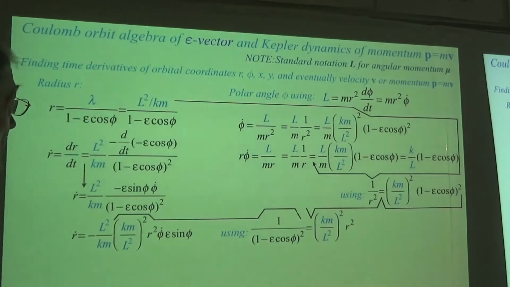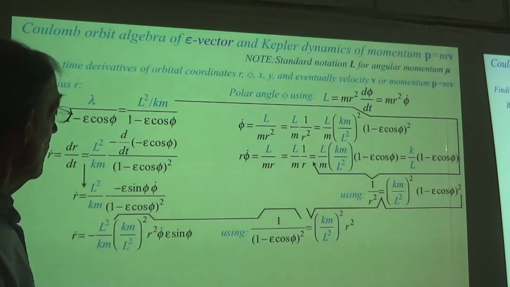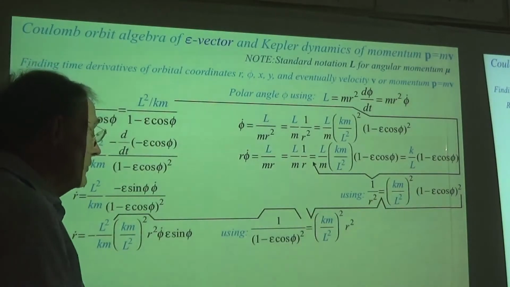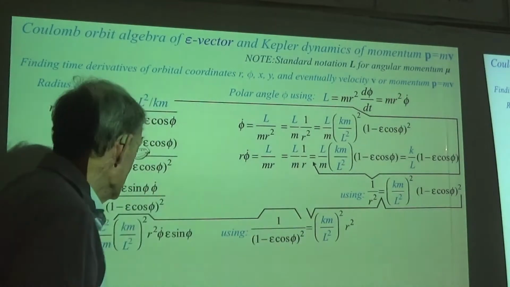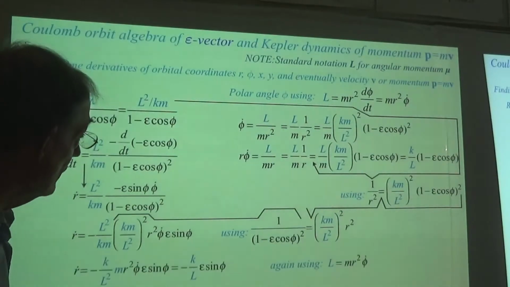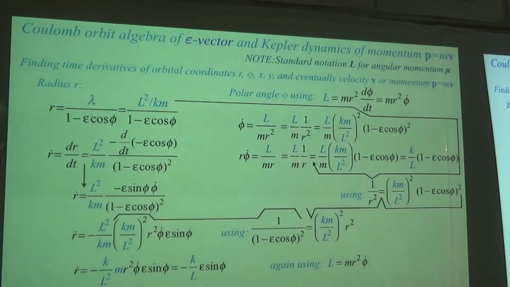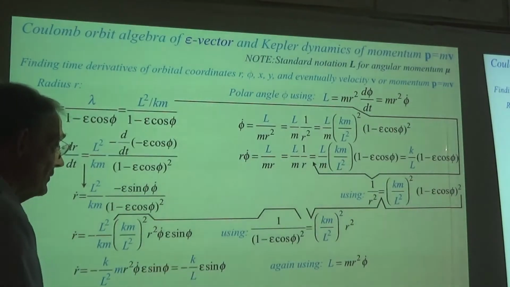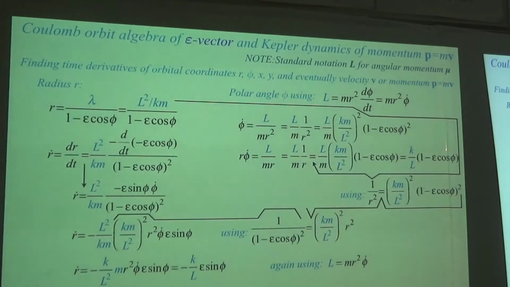So I go ahead and place this 1 minus epsilon cosine squared, this guy right here, in that part of the equation. Use this guy again to get the scale factor. So I end up with an r dot that's not too formidable. It's just minus k epsilon sine phi.